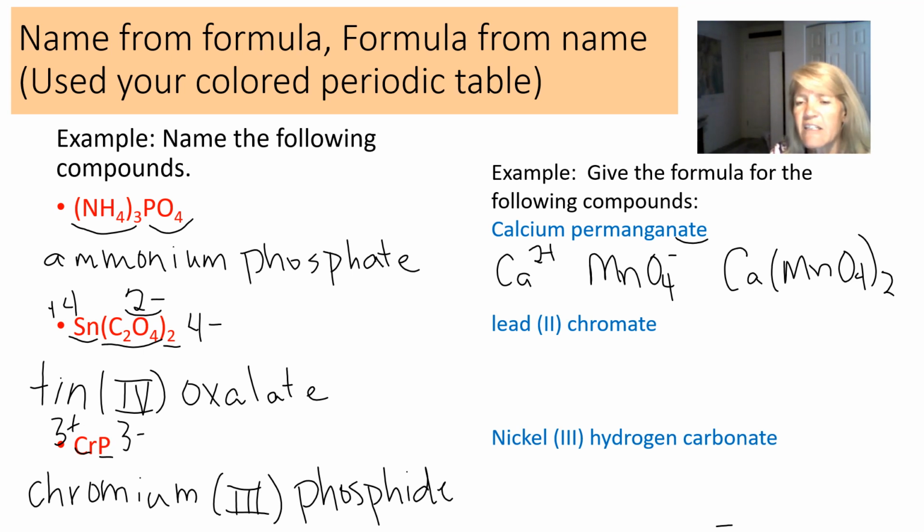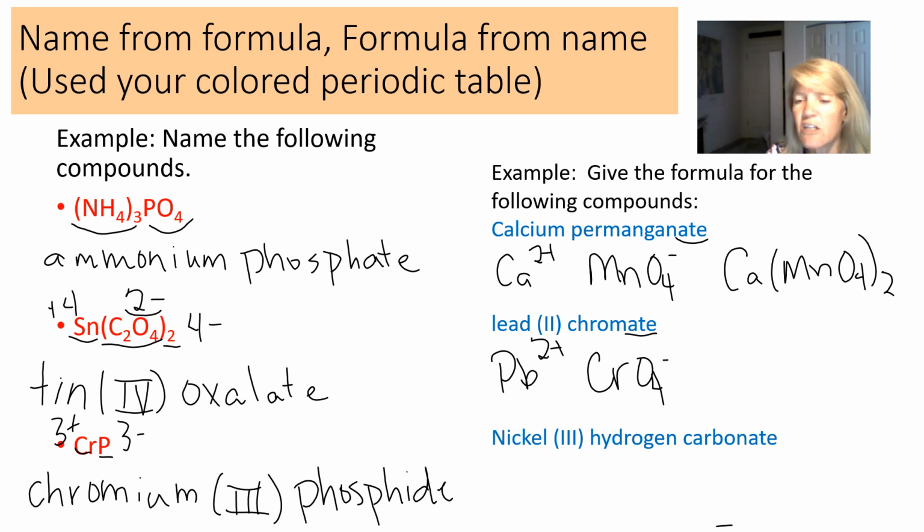Now we have lead(II) chromate. Lead is Pb. Now it's yellow, you might not know its charge, but since you have the Roman numeral in the name, you know its charge. It's 2. Lead 2 plus. And chromate, again, ate, it's polyatomic, CrO4 minus. Okay?